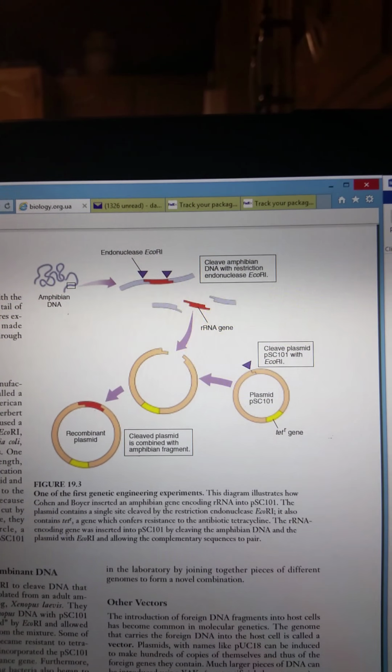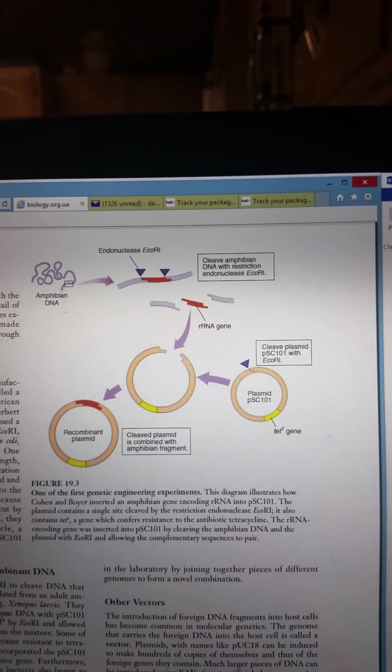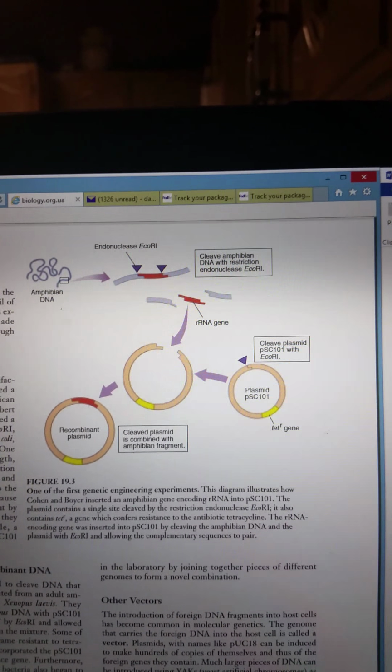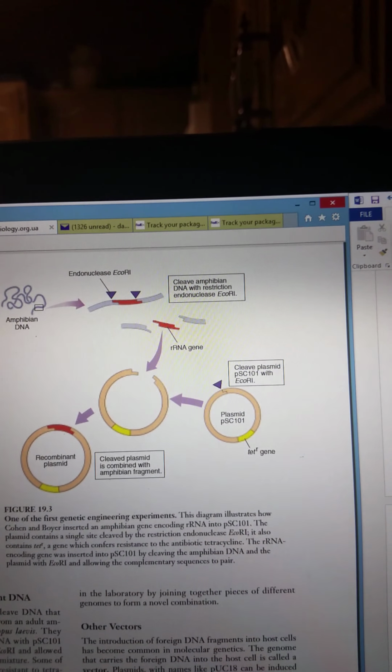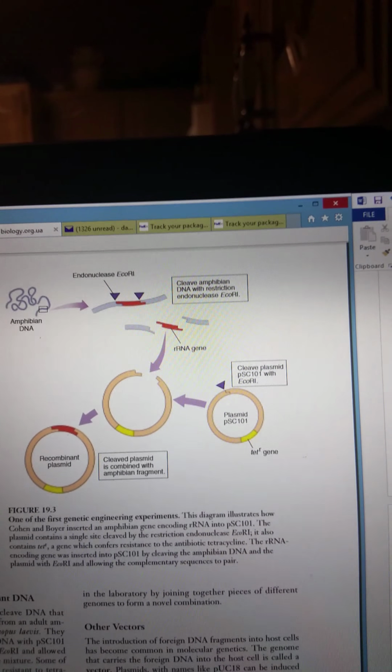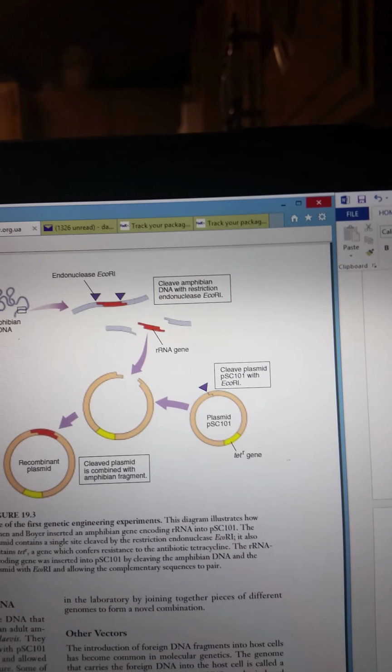It had the origin of replication to replicate the plasmid, and a gene that was resistant to the antibiotic tetracycline. Because both these fragments were cut by the same restriction endonuclease, they could be joined together, and this could create a circle that we see here.